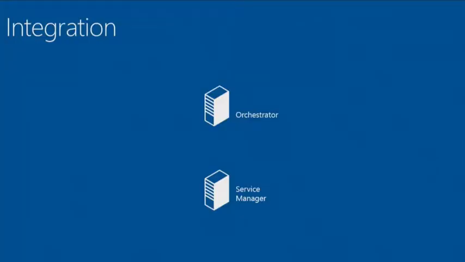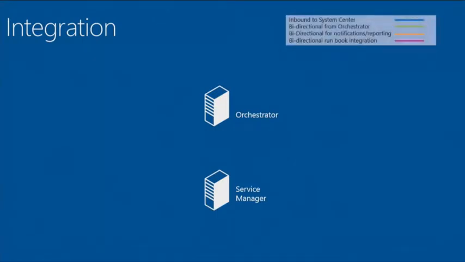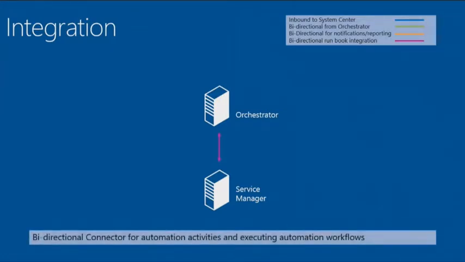So let's switch gears and talk about integration for just a bit. How do we make these connectors work? What is the magic that populates our CMDB? So we have Service Manager, and then we have Orchestrator, our ace in the hole, so to speak, if we need to bridge some gap. So between Service Manager and Orchestrator, there is a bi-directional connector for automation activities and executing the automation workflows.